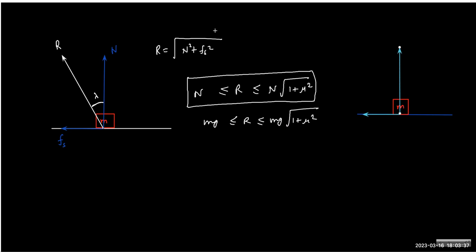So let's say, if it is limiting value, then this will become mu s N, right? So let's say friction has gone to the maximum. So how much will be the value of fs max? Mu s into N, correct?